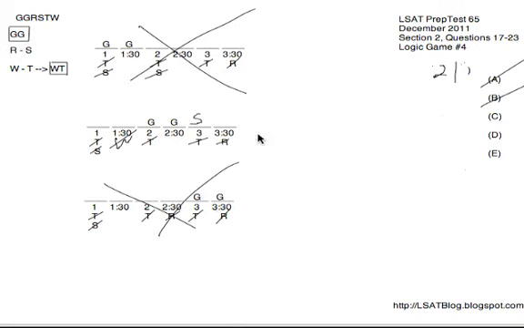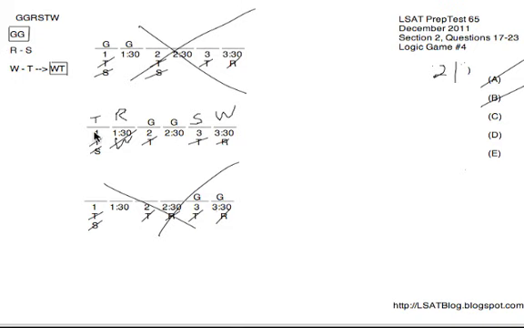Next, looking at C, if S was the fourth program, we're putting it right there on 3 o'clock, and we'll have 3 things, G being the third thing coming before S. So if we try it out, well, let's see what happens. We could put R on 1:30, we could put W on 3:30 to avoid having it come before T, leading to the WT box problem, then putting T on 1.